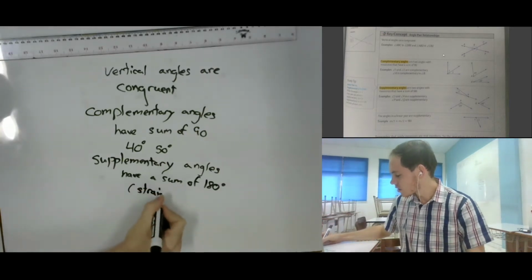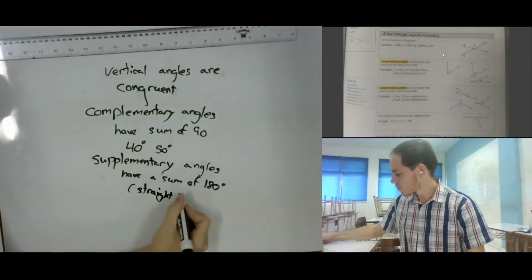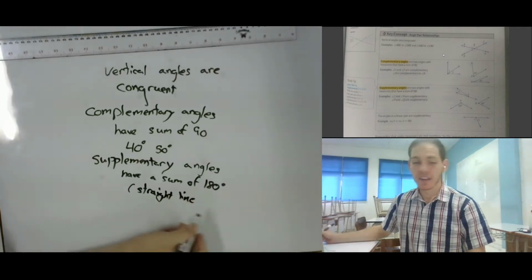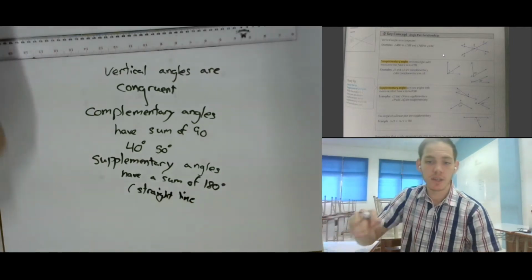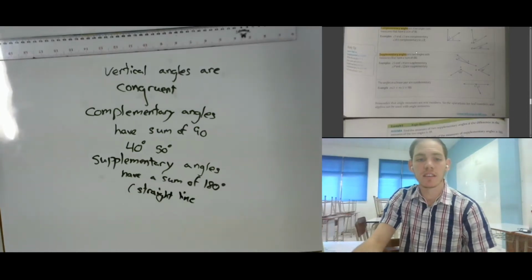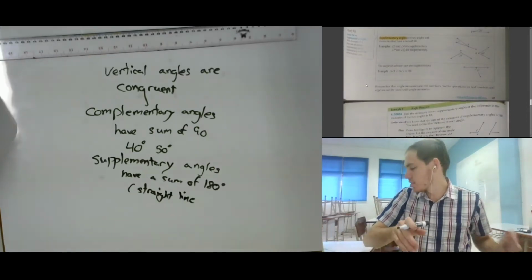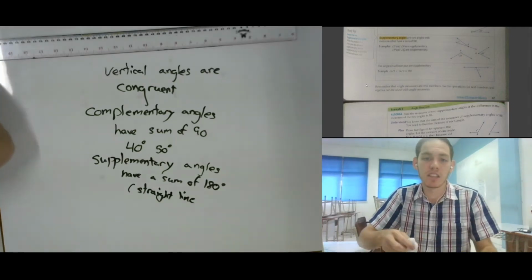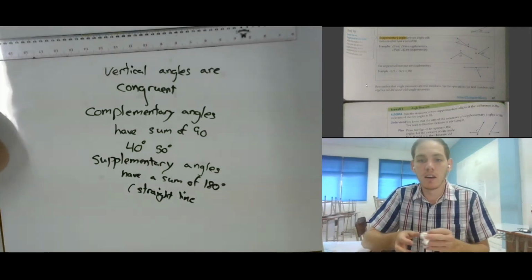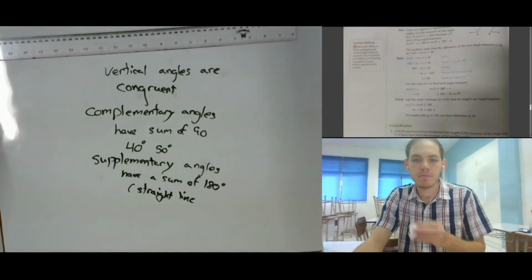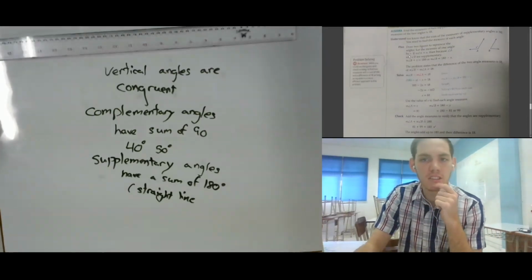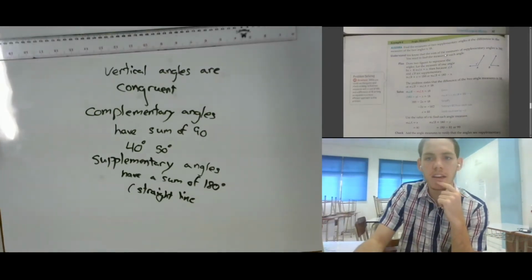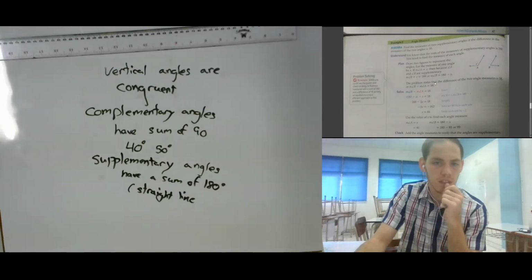If they are next to each other, if they're adjacent angles, it's a linear pair. So supplementary adjacent angles are a linear pair. Angle measures: if they're supplementary and you're using math, there's some algebra you can use with these angles.